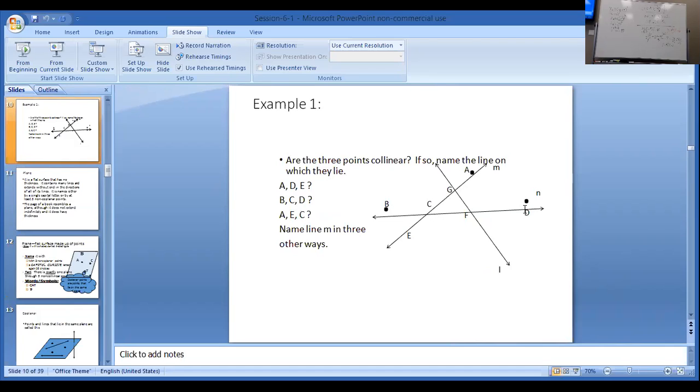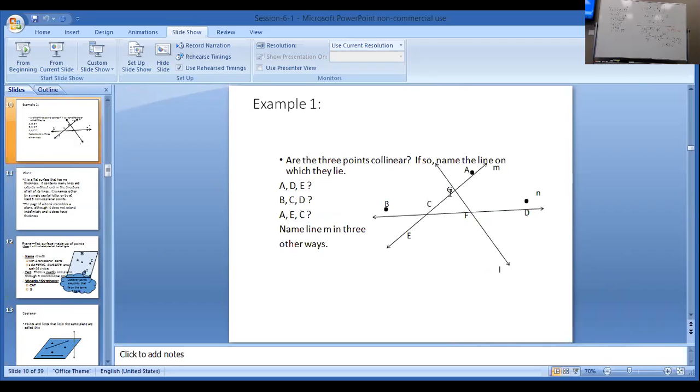Point D and E. A and E are collinear, but not D. Or B and C and D. B is here, but C is supposed to be this intersection. So they are not collinear, and D is not. If there was a line going through B and D, we would say B and D are collinear.